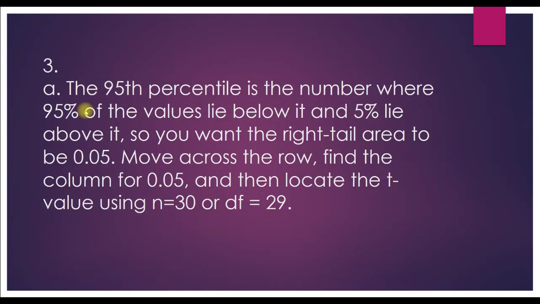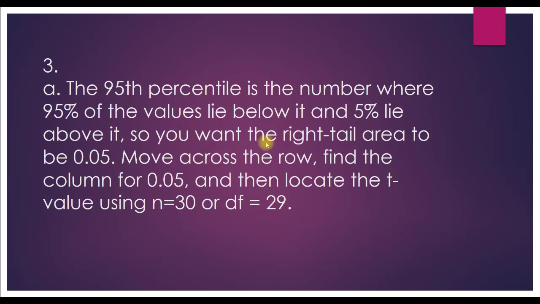Number 3. The 95th percentile is the number where 95% of the values lie below it and 5% lie above it. So pag sinabi natin percentile, di ba? Percentile is below palagi. So 95% is below and then 5% above. So you want the right tail area. Pag sinabi mong right tail area, ibig sabihin ito yung nasa taas.